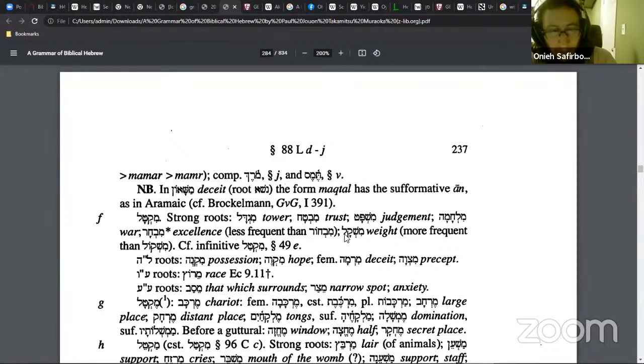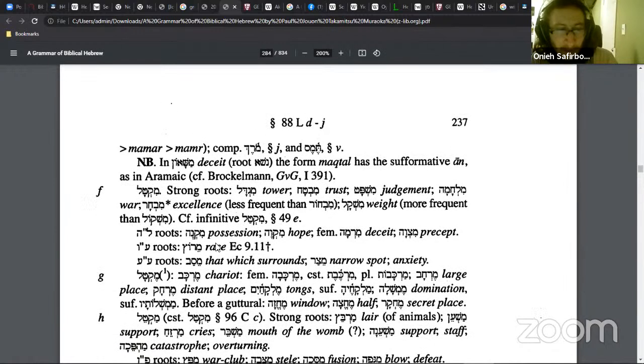And weight, source of shekel. So here, mitzvah, source of sua or sva. I forget what sva is, but it actually means something specific.